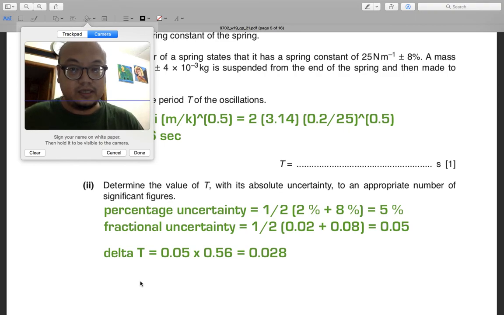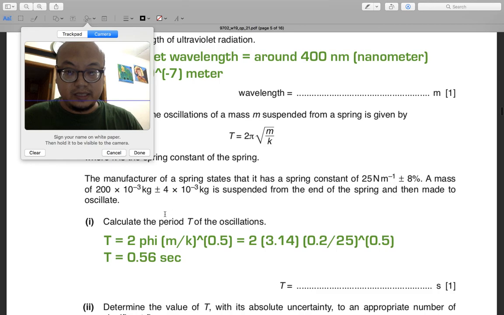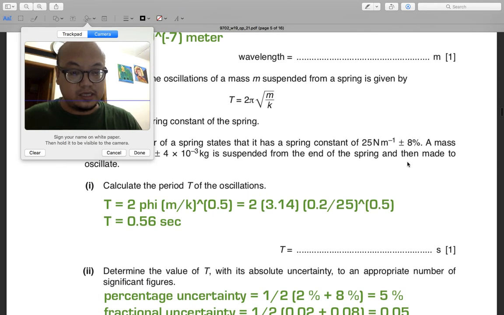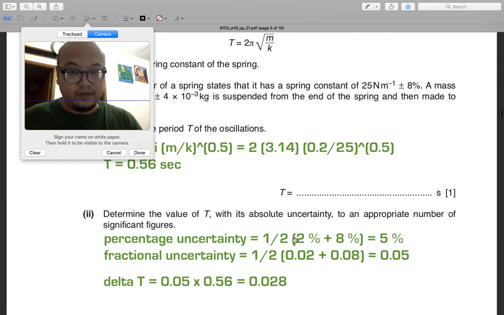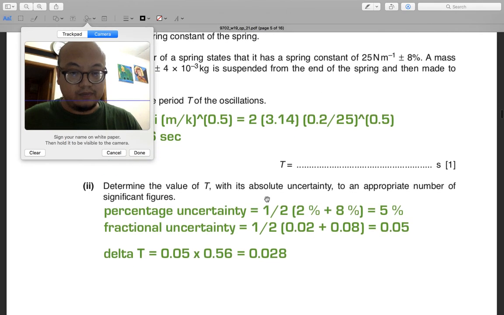We have the uncertainty of the mass as 4 divided by 200, which is 2%, and the spring constant is 8%. A half is the power in this equation, because it is root of m over k. So a half times 2% plus 8% equals a half of 10%, which equals 5%.